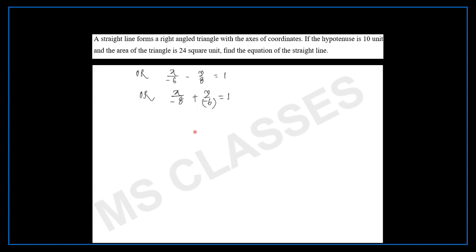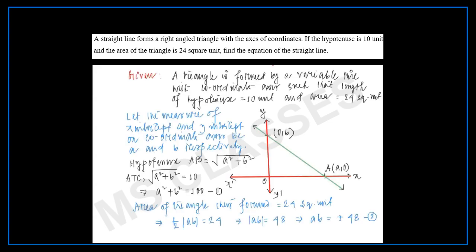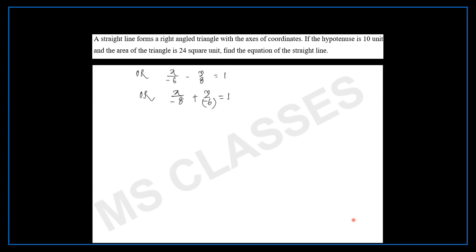Now similarly, if we take the other one, that is when ab equal to minus 48, we take the second case, case 2, when a equal to minus 48 by b, or b equal to minus 48 by a.